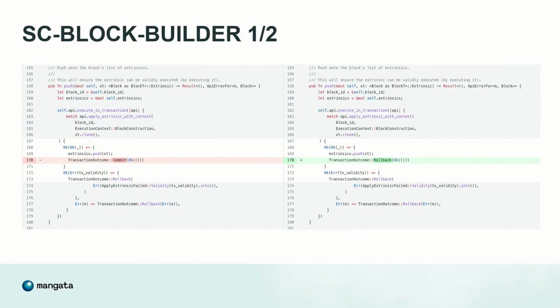First of all, we need to modify the block builder, because that's the crate responsible for actually baking a new block. By default, it's fed by the basic authorship crate. It tries to apply the extrinsic, and if it succeeds, the state is committed, and it's waiting for more extrinsics within the time limits of a given slot. So instead of immediately committing the state after an extrinsic was executed, we'll be rolling it back.